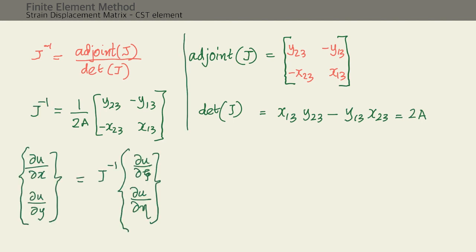So we have found J inverse, so we can substitute J inverse in this equation. But before doing that, let us evaluate these two derivatives also. We can differentiate the expression for u to get ∂u/∂ξ. ∂u/∂ξ should be equal to u1 minus u3, and ∂u/∂η should be equal to u2 minus u3.